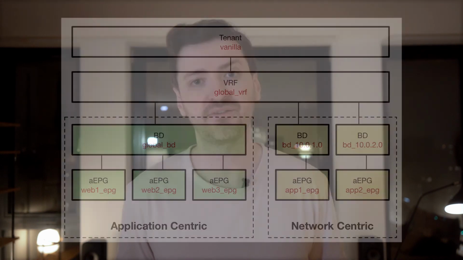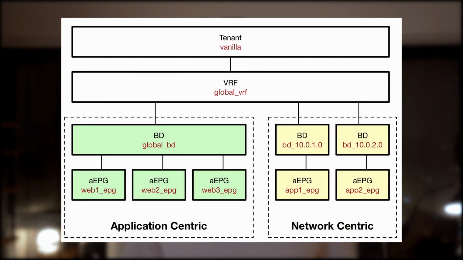So in the end, we have built a tenant that looks like this diagram. On the left, you see that we have a number of web EPGs. All of them are sharing the same bridge domain, BD global. So this is something that in ACI terminology we call application-centric deployment. And on the right, you see that we have app EPGs, and each EPG has a dedicated bridge domain connected to it.